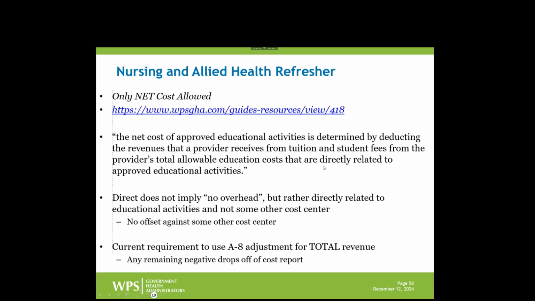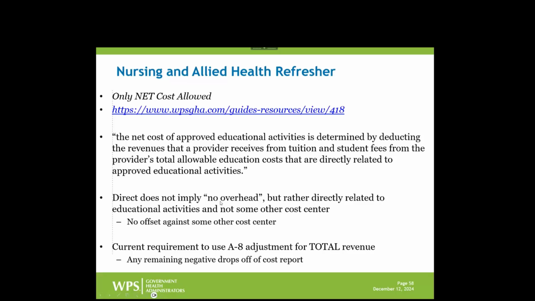That term directly in cost accounting takes on a separate meaning than what CMS meant more generally here. When we think of direct costs from cost accounting, we're generally talking about non-overhead costs, the ones that we know go to that particular cost center, excluding overhead.